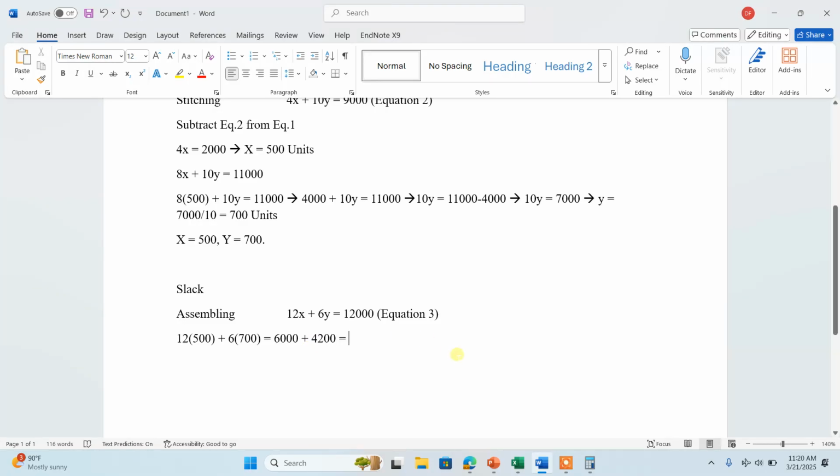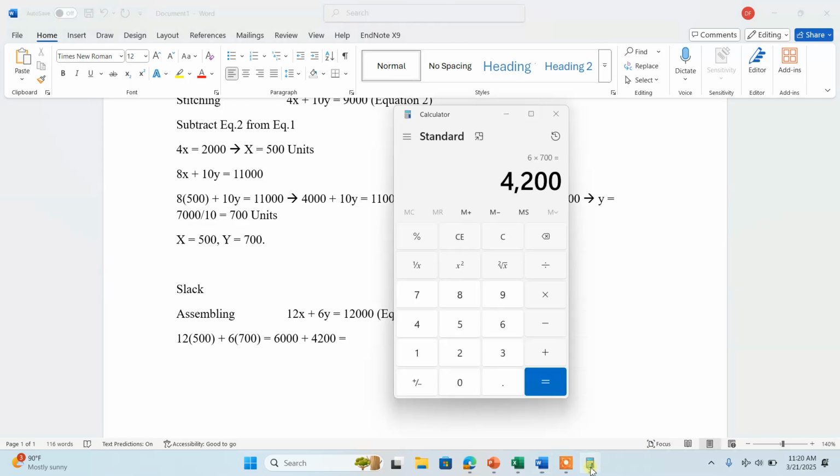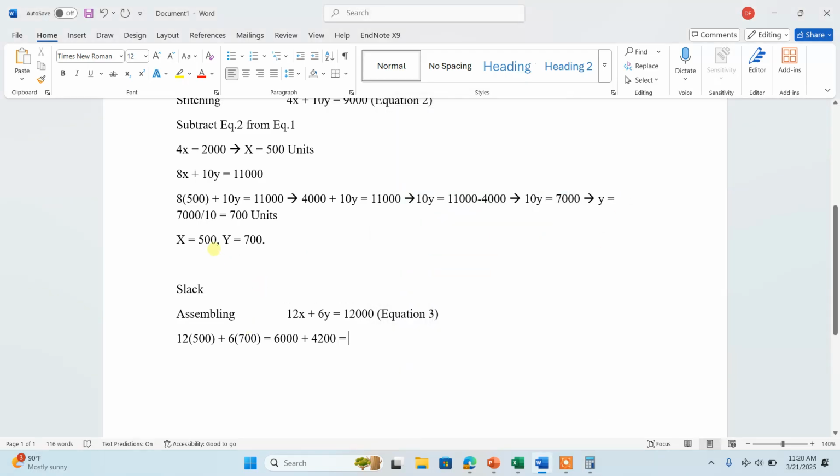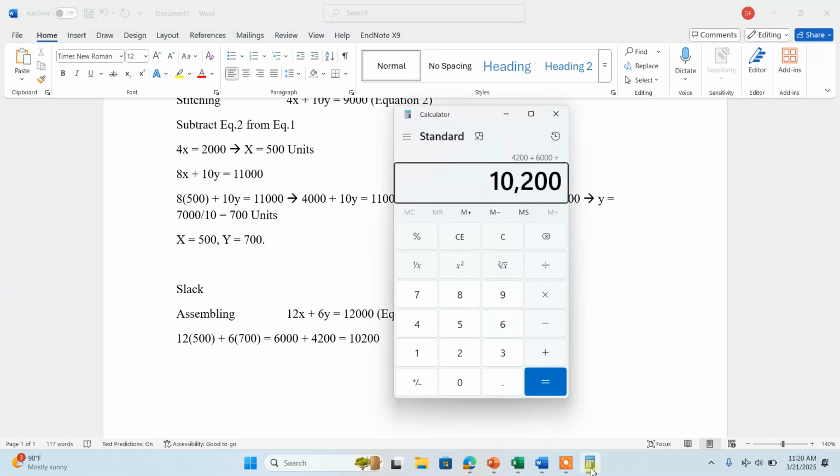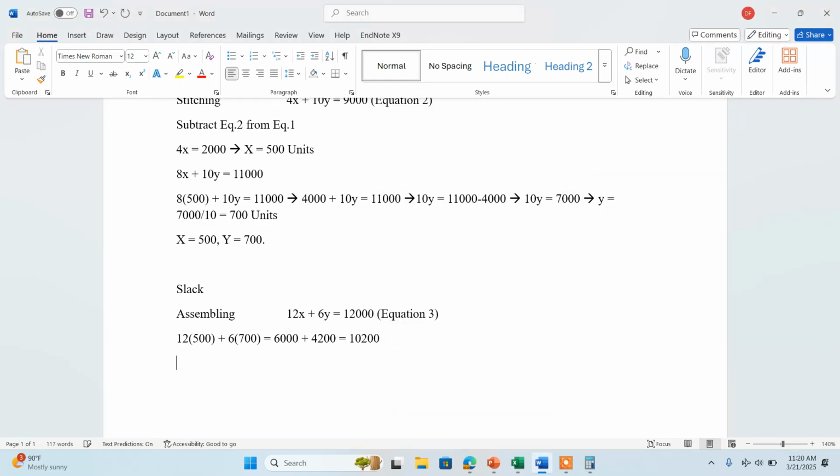So the final answer is 10,200. If I add both, for this combination of X and Y, I need only 10,200 hours in the assembly department.